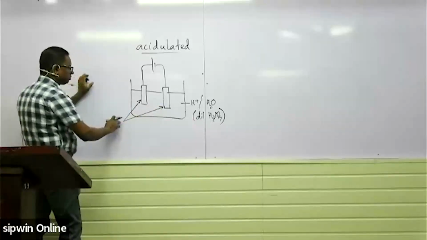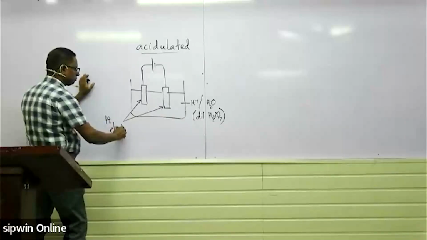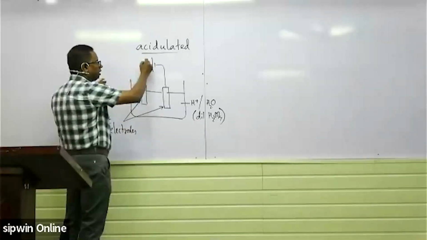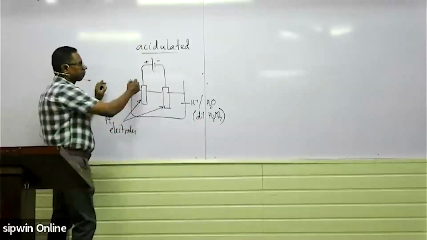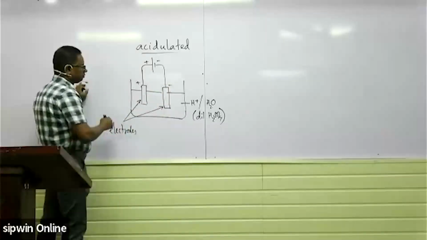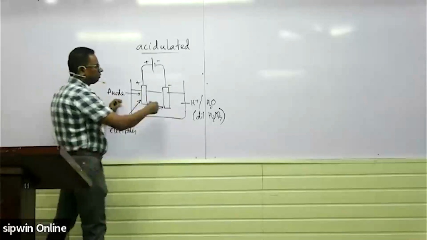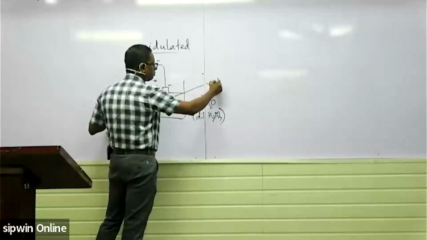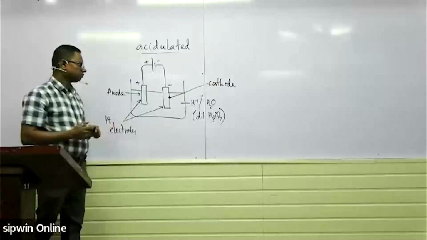Platinum electrodes. Positive, negative. Anode, cathode.